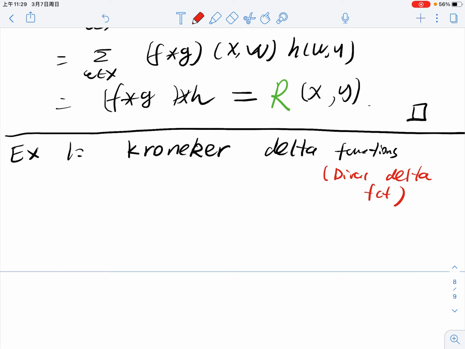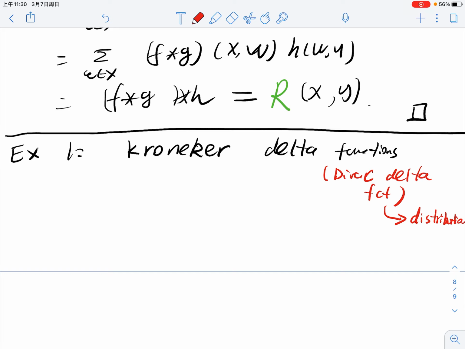Dirac is a physicist, and mathematicians spent probably a generation to understand what the Dirac delta function means, because it's really not a function at all. It's an abuse of notation. In the mathematical sense, it's a distribution.